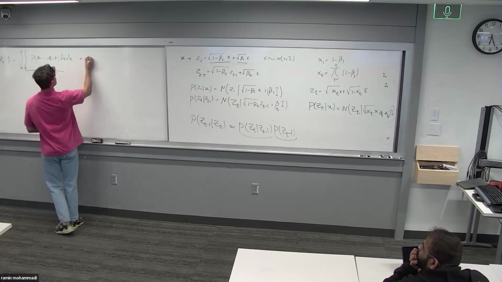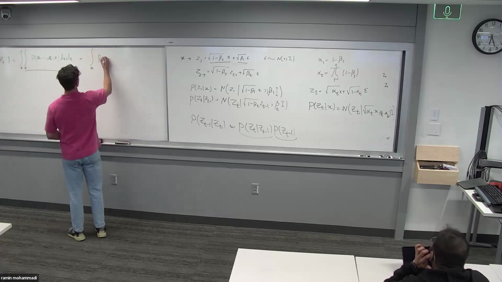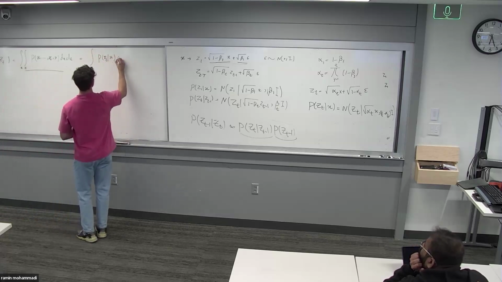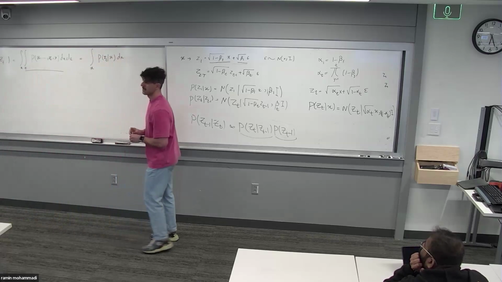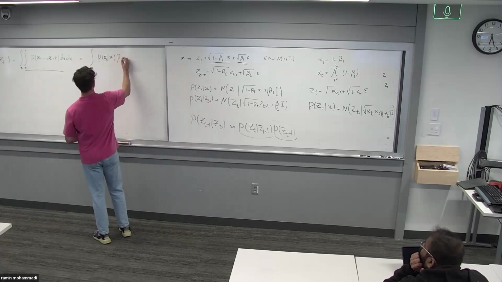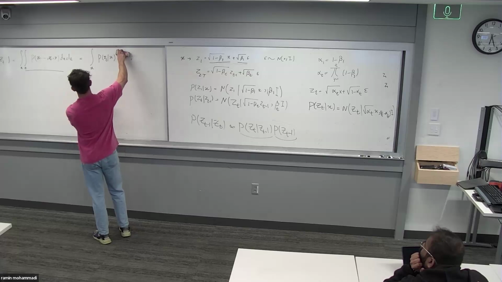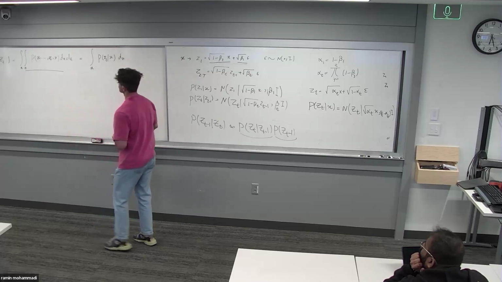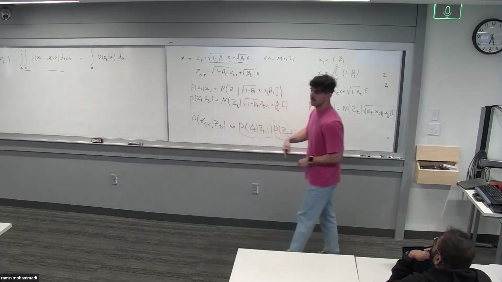So this becomes, for all possible x, the probability of zt given x, dx. Because this becomes like using the diffusion kernel.